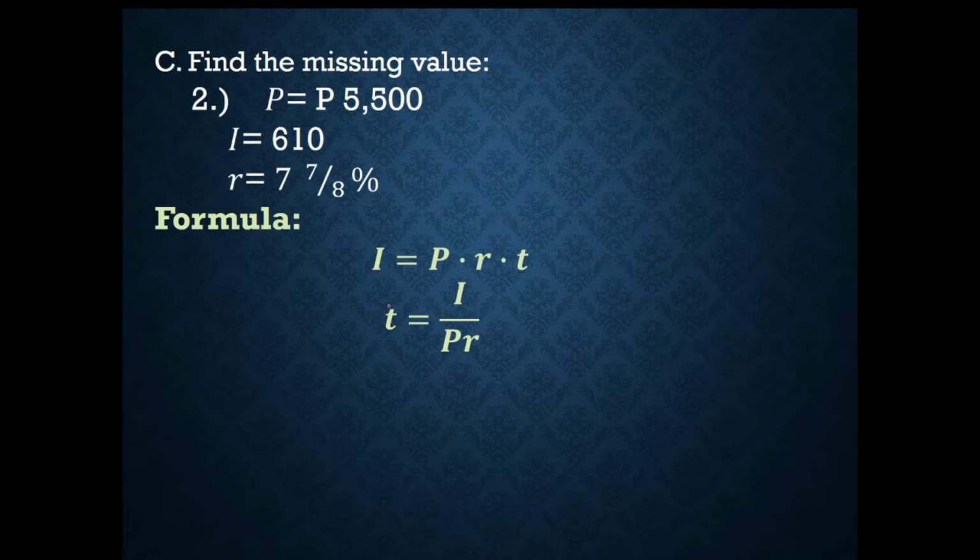So we'll now have T, or the term, equal to the interest divided by the product of P and R. Then you just substitute these values, and what you will be computing here would now be the term. It usually will be in a whole number and a decimal form.